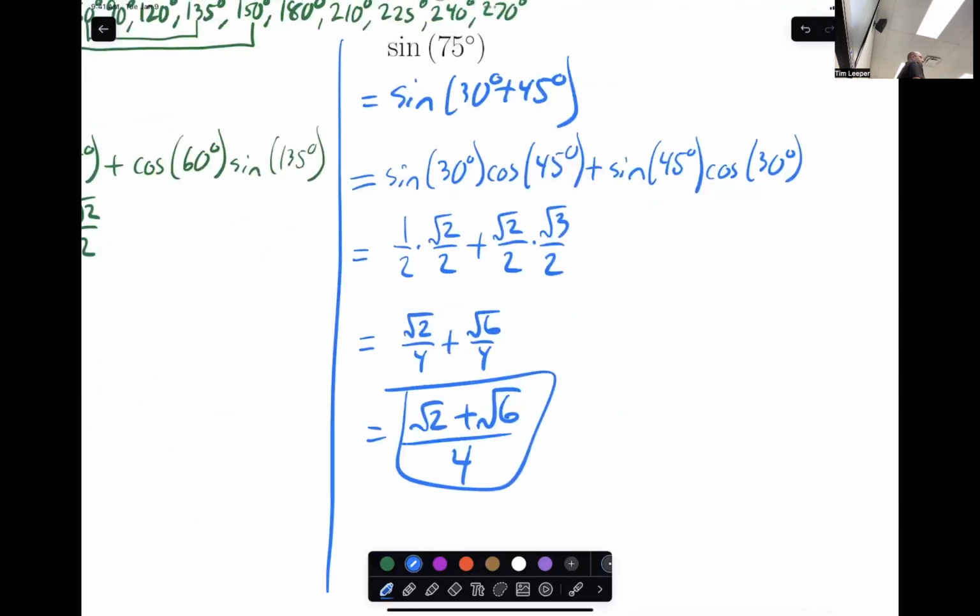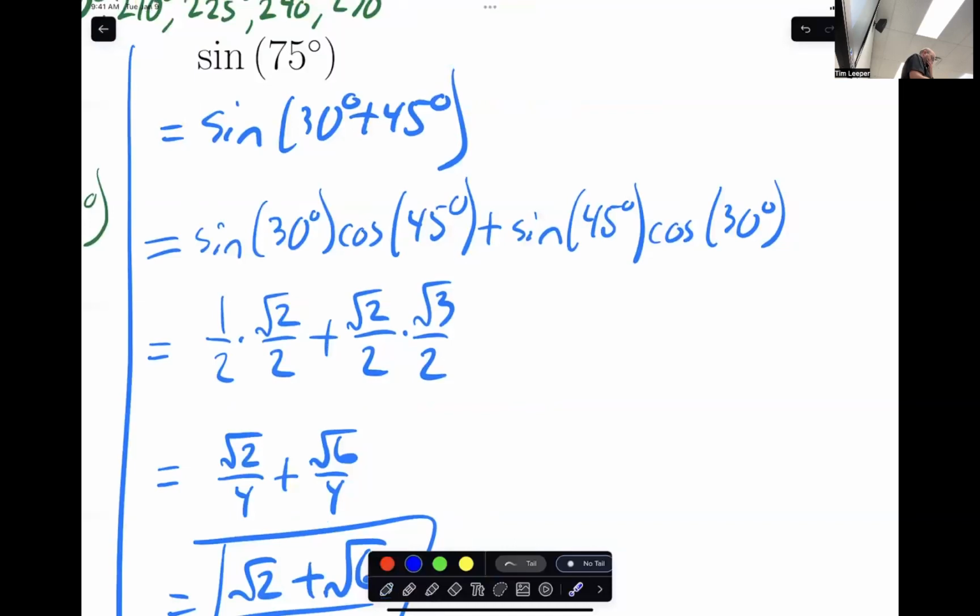Outstanding. Any questions about that? You flip them, so you know how you have sine 30 degrees? Yes. So if it's sine of 30, cosine of 45, it has to be the other way around: sine of 45, cosine of 30.